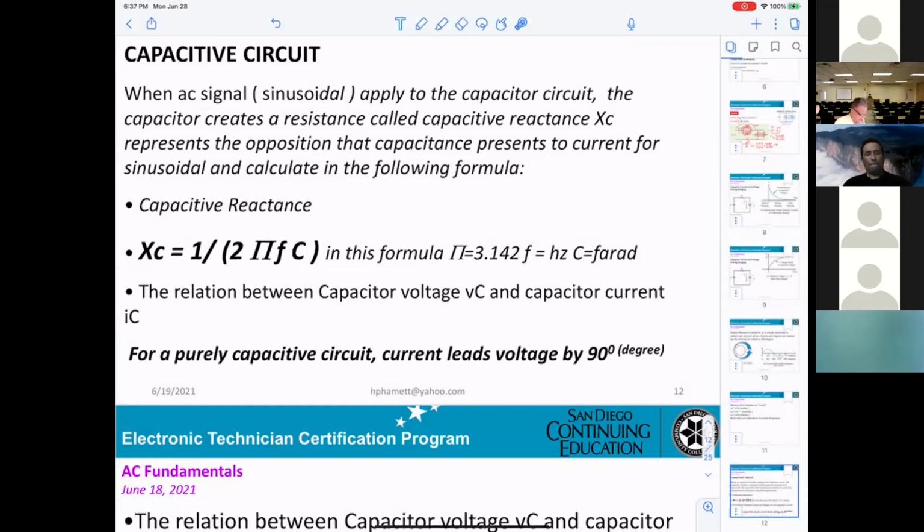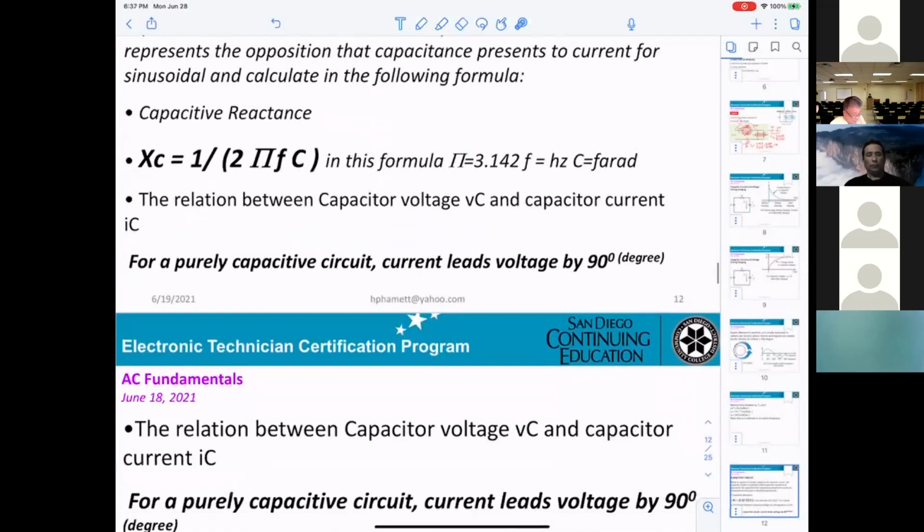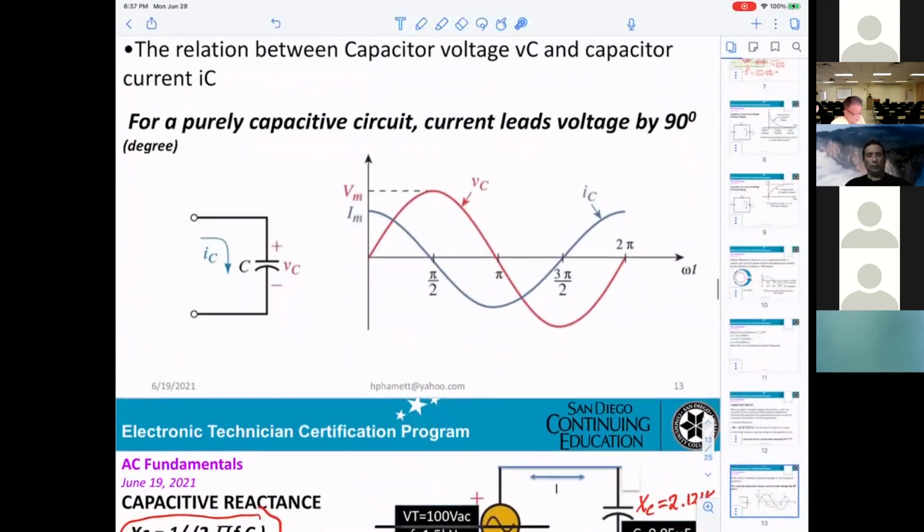Okay, the relation between the capacitor voltage VC and the current IC. For a pure capacitive circuit, current leads voltage by 90 degrees. If you're looking in here, you can see this is the current and this is the voltage. Current will be leading voltage by 90 degrees.